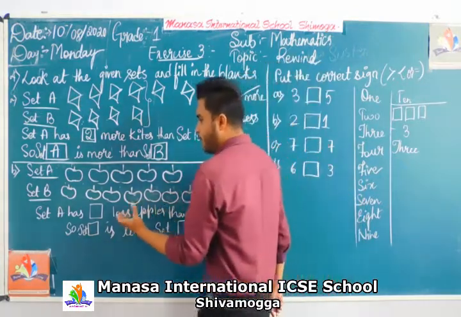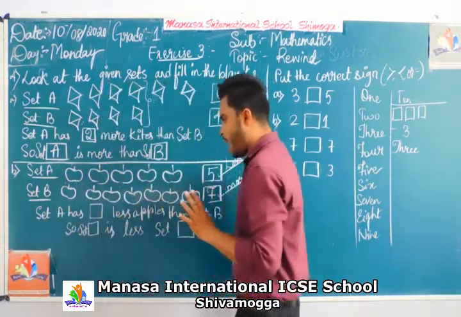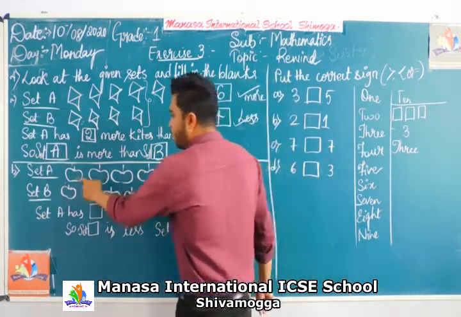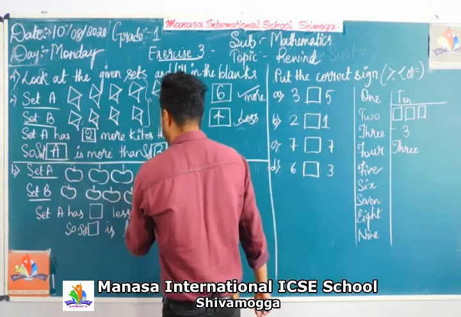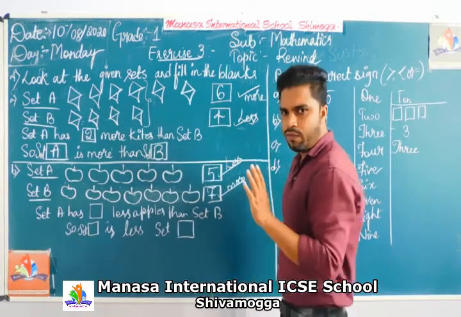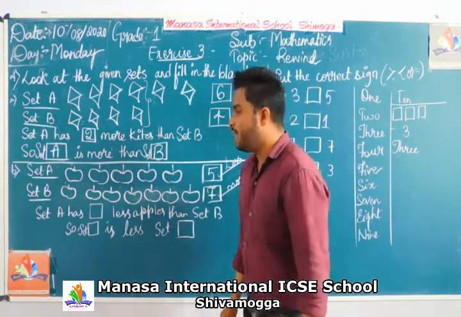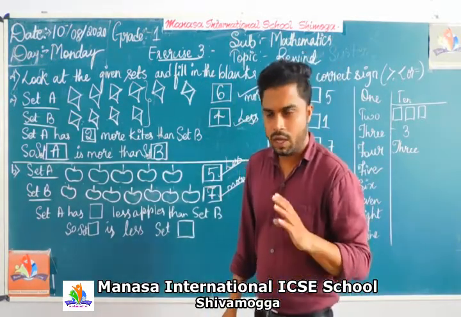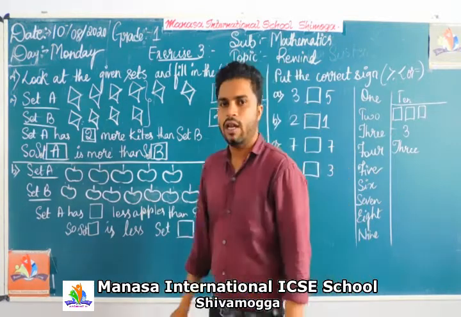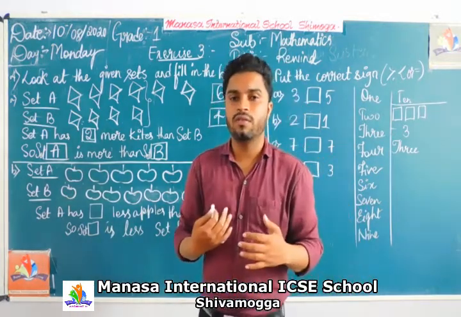Now you can see that set A has, how many? Let's count 1, 2, 3, 4, 5. Okay, 5. And set B has 7. See here, 7. 7 minus 5.